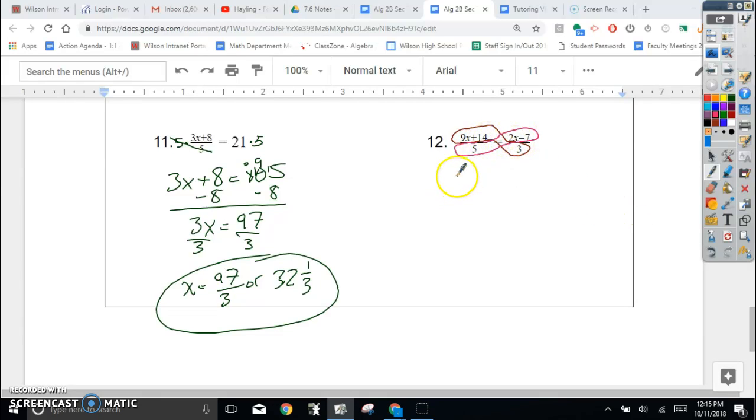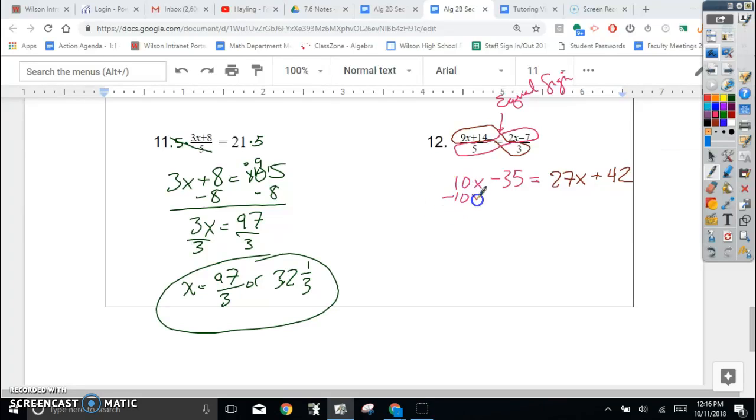So 5 times 2 is 10x, 5 times 7 is 35. And you do this when fractions have an equal sign between. Notice that's an equal sign. That's why you cross multiply. Now, on the other side, we have this 3 times 9x, which is 27x, and 3 times positive 14, which would be 42. Once you get there, it's business as usual.